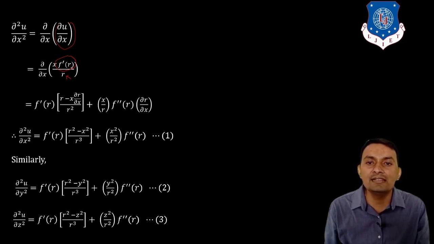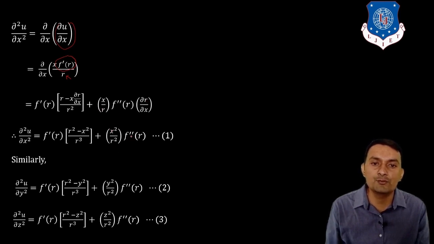So first we do derivative with respect to r, so we get f double dash r into del r by del x. So here f dash r is there, but del r by del x is x by r. So we can say x square by r, but r is going to be the LCM. So we can write here r square minus x square divided by r cube into f dash r, plus x square divided by r square f double dash r. Say equation number 1.